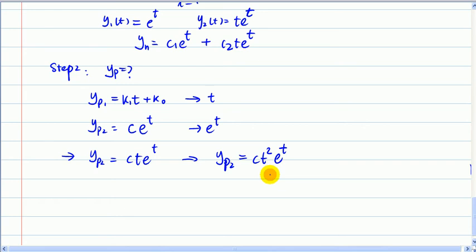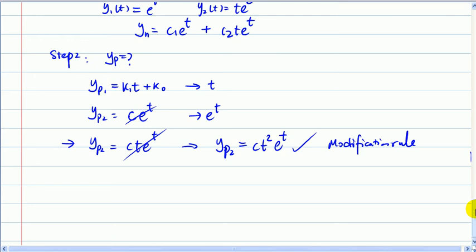Now this yp2 doesn't duplicate any of the homogeneous solutions, because it is linearly independent of them. Because of the modification rule, now I have yp1 and yp2, and yp is yp1 plus yp2.